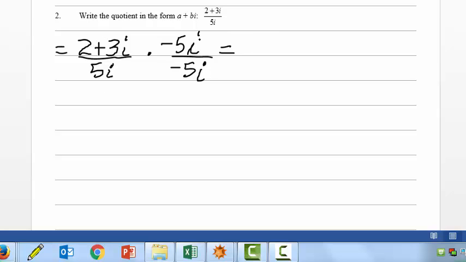So 2 times -5i is -10i. Positive 3 times -5i is -15i squared. And then 5i times minus 5i is positive 25i squared.